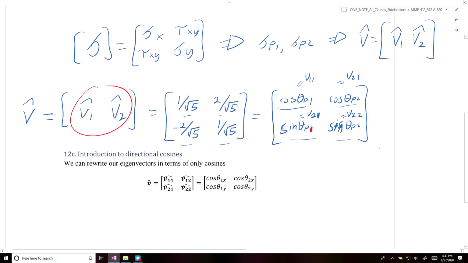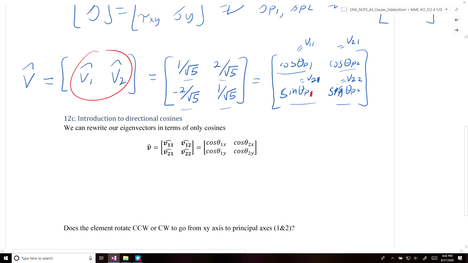At the very end of that video, we talked about how we can correlate our eigenvectors to the directional cosines theta p1 and theta p2. So the angle between our first principal stress and our second principal stress with the x and y axes is essentially what we're getting at here.